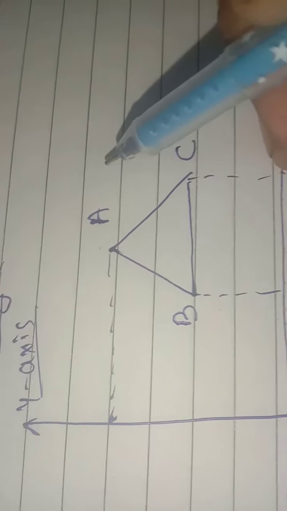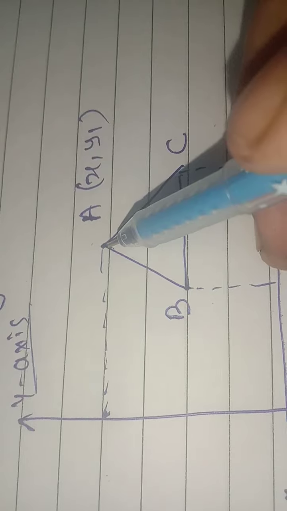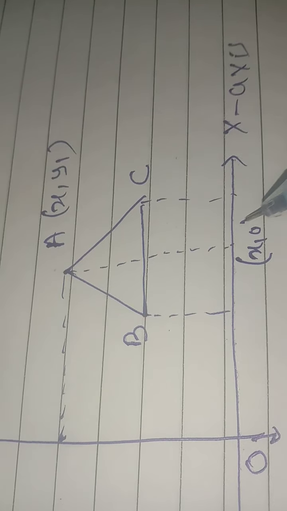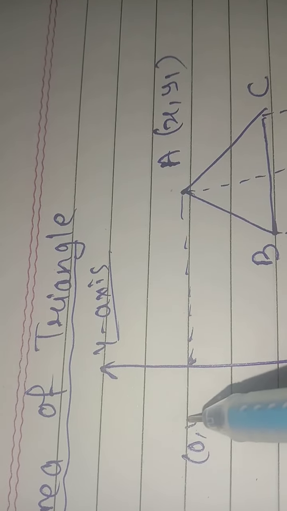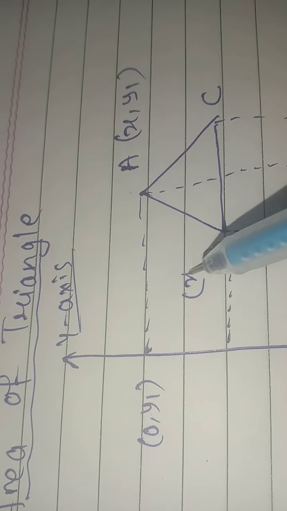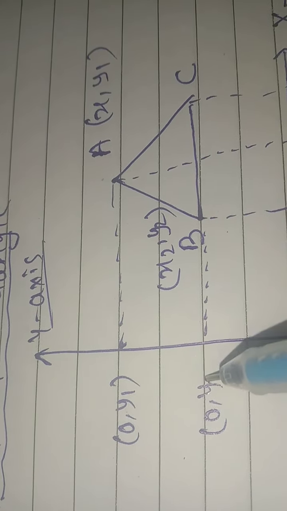So coordinates of A will be x1, y1. That is, you can see clearly on x-axis it is x1 0, here it is 0 y1. On B, the coordinates of B will be x2 y2. So what I will write here, x2 0 and 0 y2.